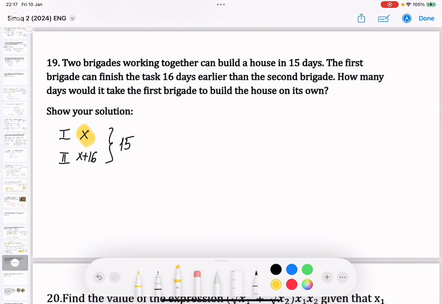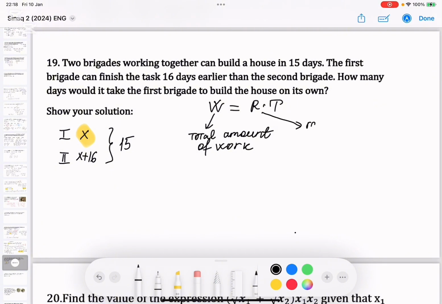Now, any given work problem can be solved using a very, very basic formula, which is the following: work equals rate times time. Here W represents the total amount of work.